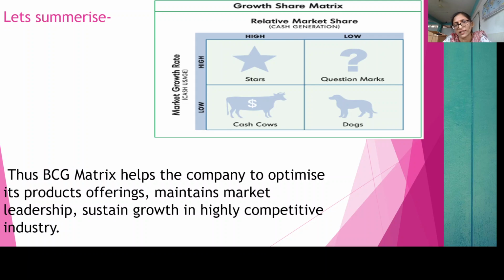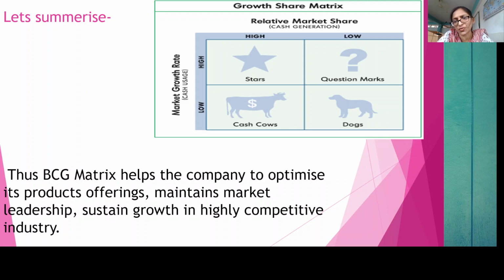A product in the star category will generate high cash compared to a question mark, because question marks have less market share and do not generate that much cash.